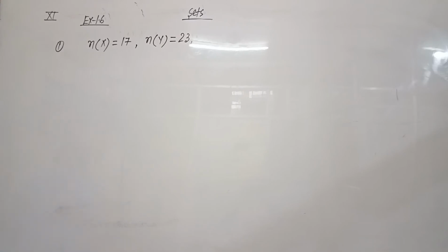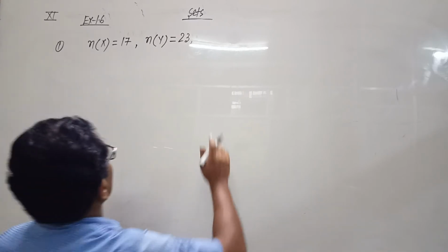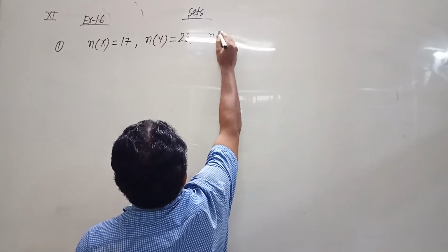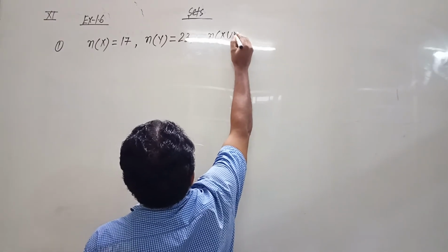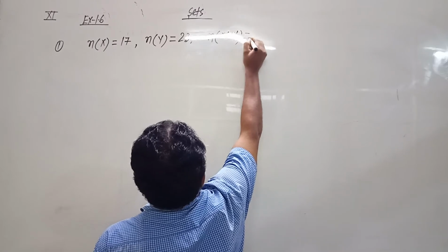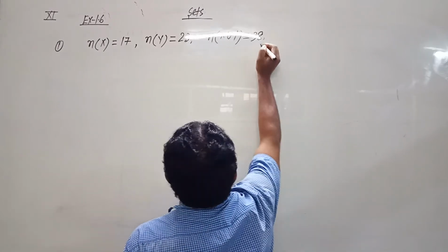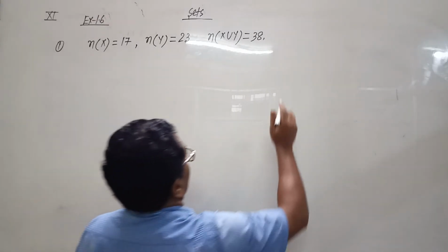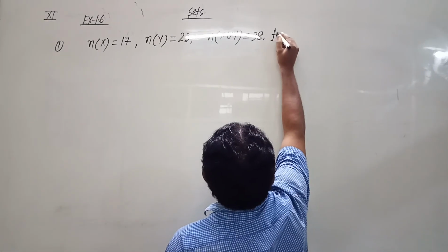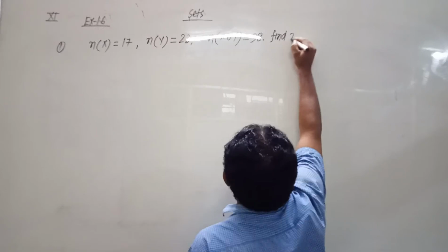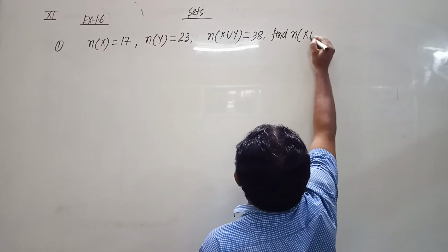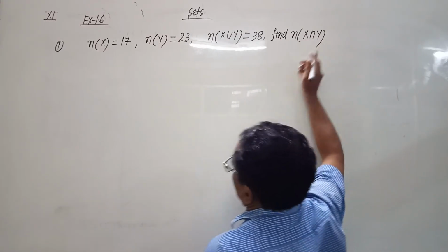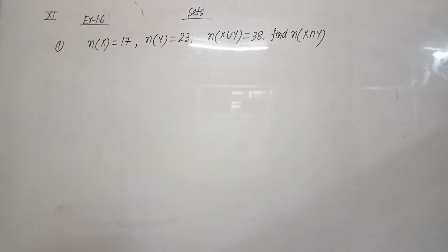And N of X union Y equals 38. Number of elements of X union Y equals 38. Then find N of X intersection Y, the number of elements of X intersection Y. So we use the addition rule.